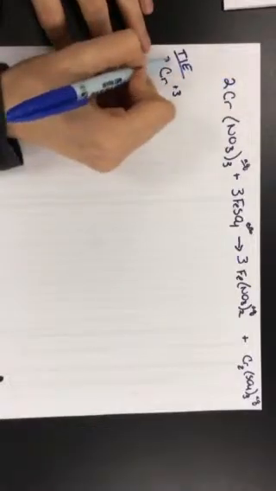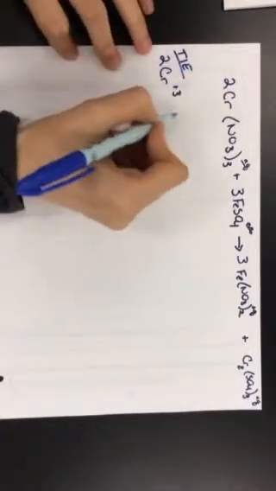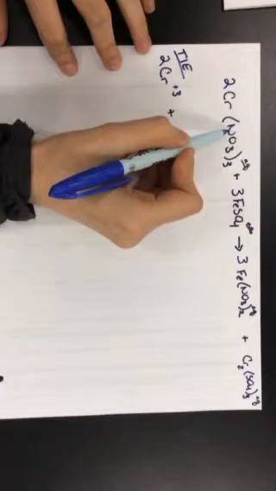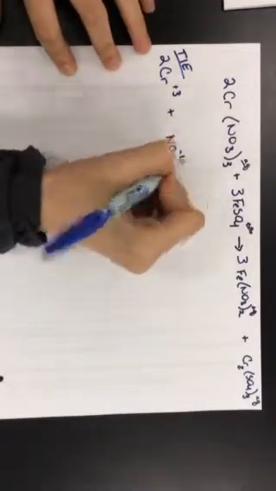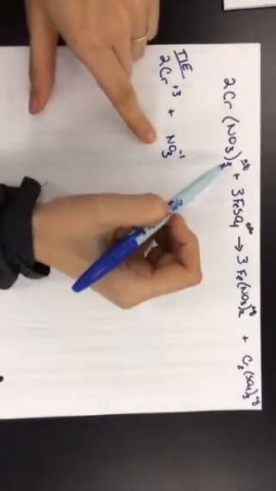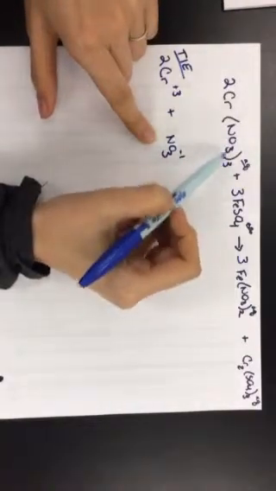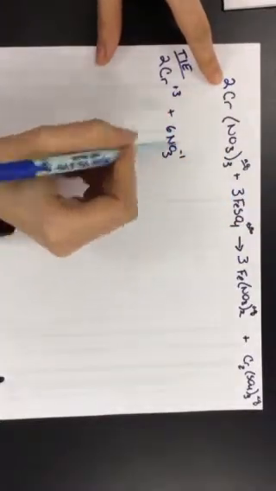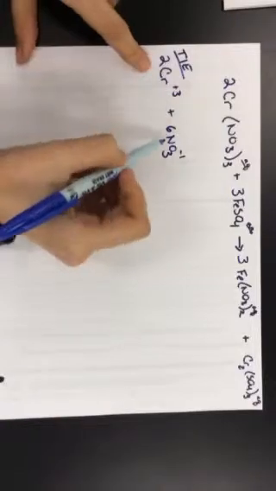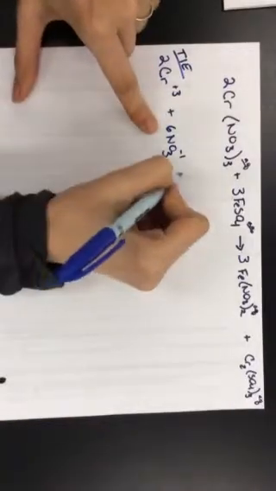Notice there are 2 chromiums. So 2 chromiums with +3. And now we have NO3 nitrate with a -1 charge. Now notice you have 3 nitrates times 2. So your coefficient here is actually 6 nitrates. So for every 2 chromiums, you have 6 nitrates.